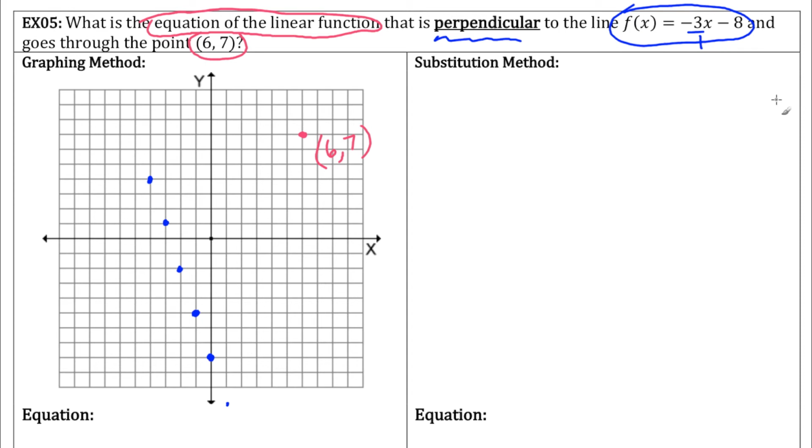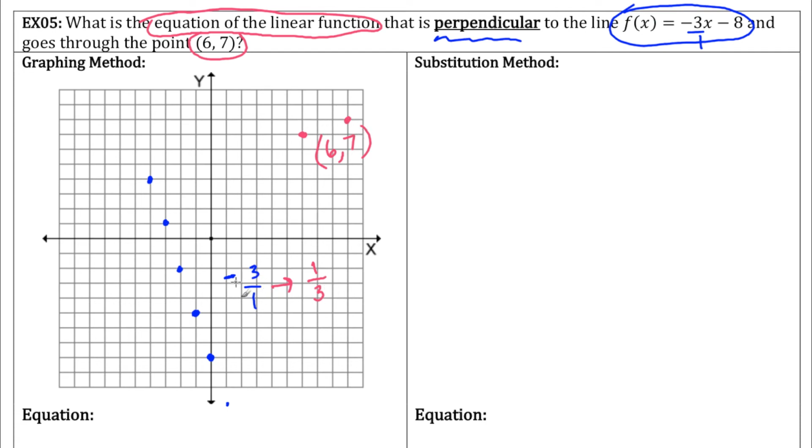All right, so I need to do the opposite of negative 3 over 1. The old one was negative 3 over 1, and I need to change it to a positive 1 over 3.